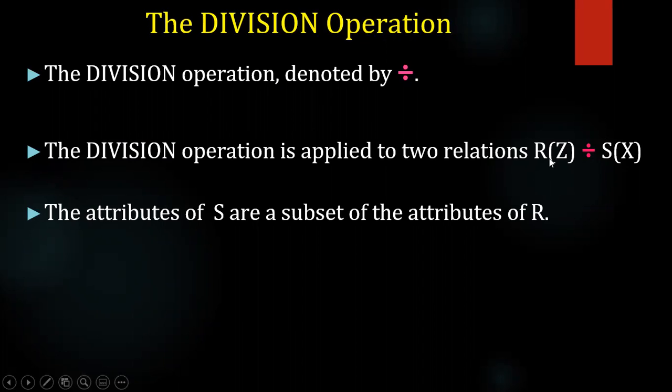R is the relation placed in the numerator and S is the relation in the denominator. The attributes of the denominator relation should be a subset of the attributes of the numerator relation. So X is a subset of Z, where X is the attributes of the denominator relation and Z is the attributes of the numerator relation.